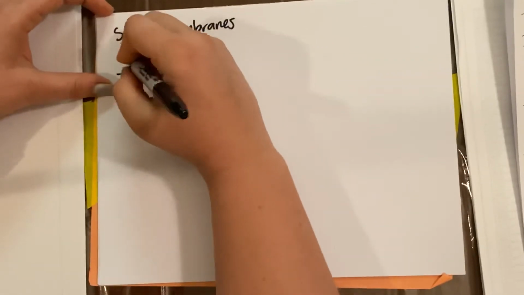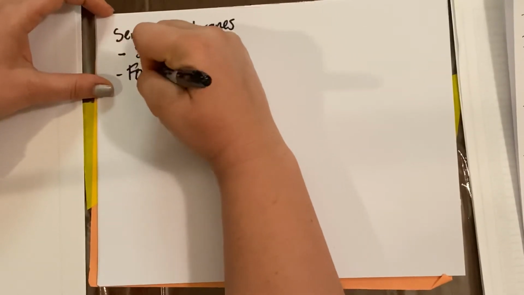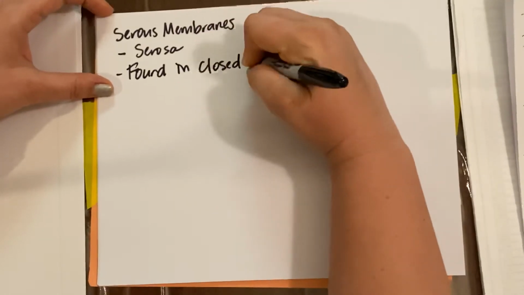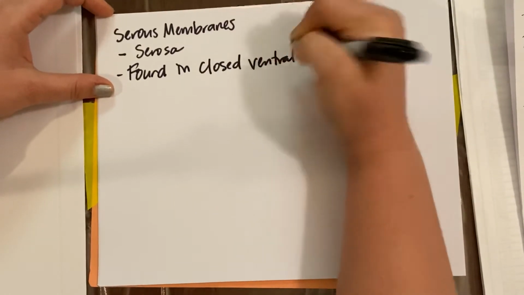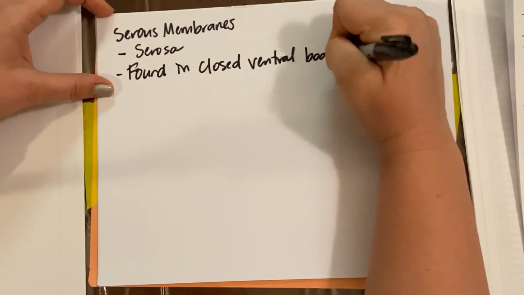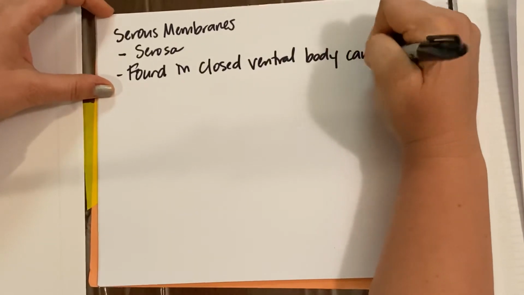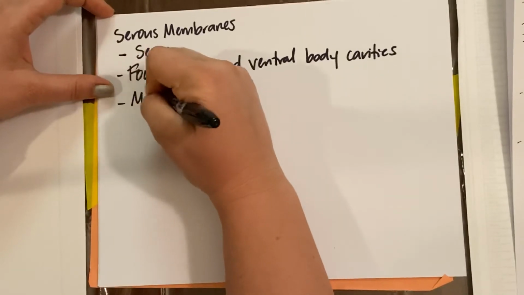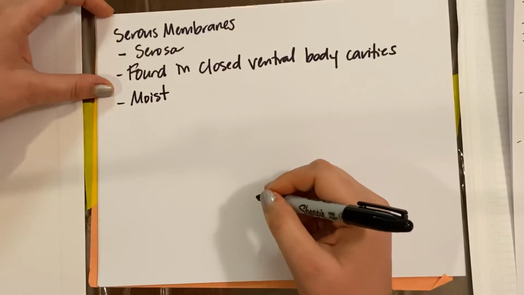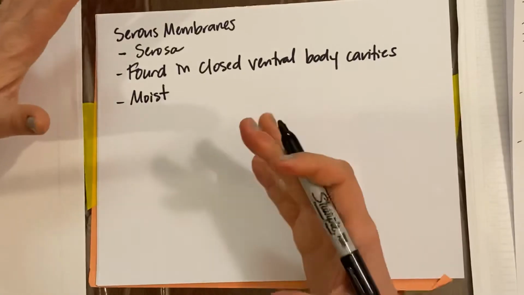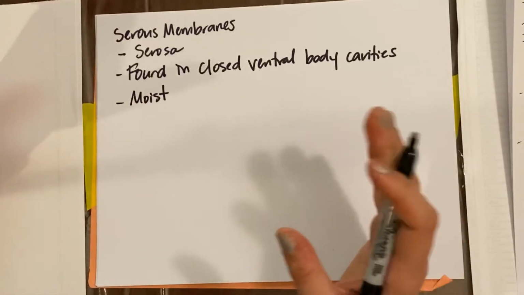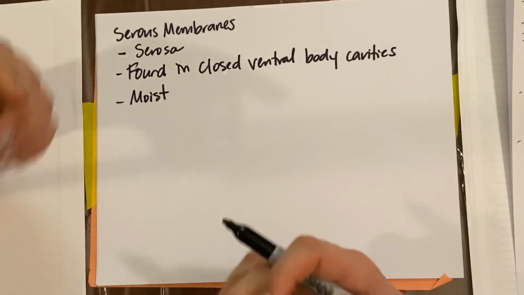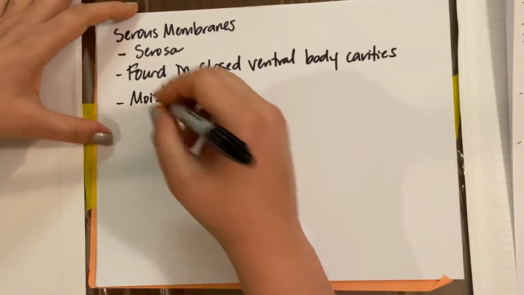These are going to be found in closed ventral body cavities. Okay, they are moist. So these are on the inside of the body, so they are moist. These are not exposed to the external world, so they are unlike cutaneous or mucous. They are actually inside the body, okay?